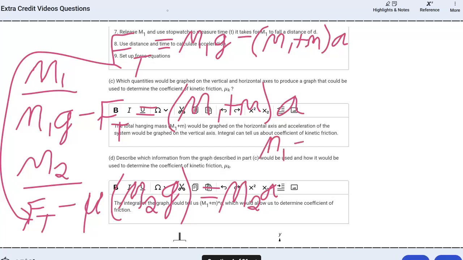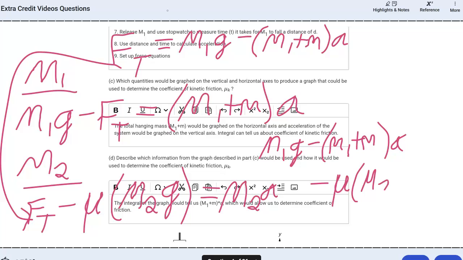So M1G minus M1A minus mu M2G equals M2A. And then we can isolate for mu, and try to do it on your own.